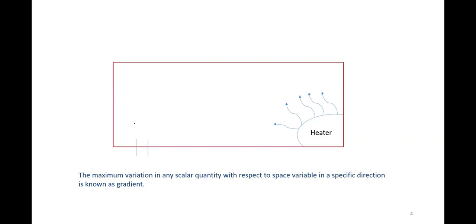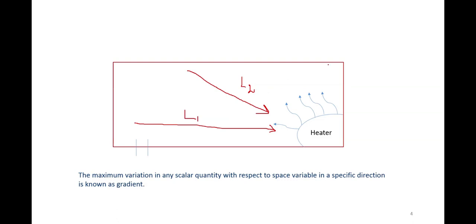For example, we follow this path, this route. Let's suppose this is our L1. Going along this path, we gradually feel the heating effect more and more as we go close to the heater. We can follow different paths. For example, along this one, L2, we will feel more heating effect than L1.